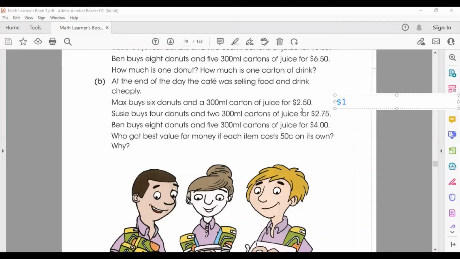I'm repeating, 6 donuts and 1 carton, 7 items. The price for 7 items is $3.50 as in the previous part. But he saved $1. He paid $2.50 and saved $1.